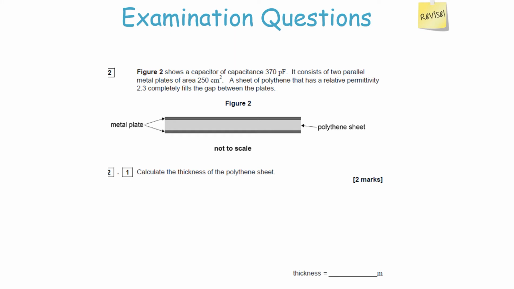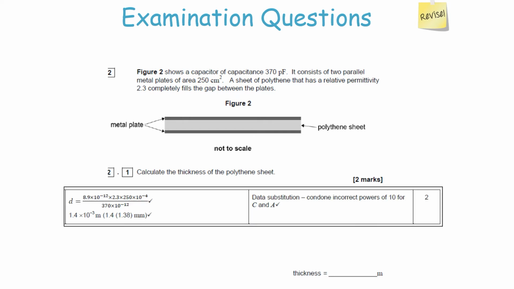So first thing is, we know it is a parallel plate capacitor, so you've got to look up the equation from the equation book. It's the idea of making d the subject here.